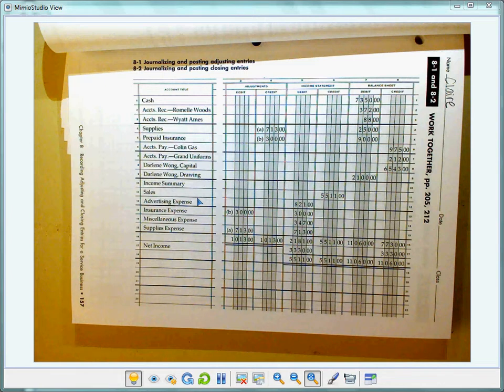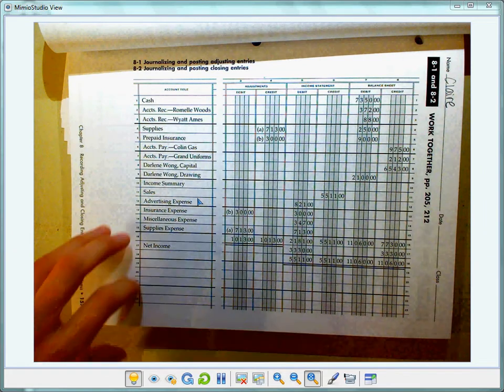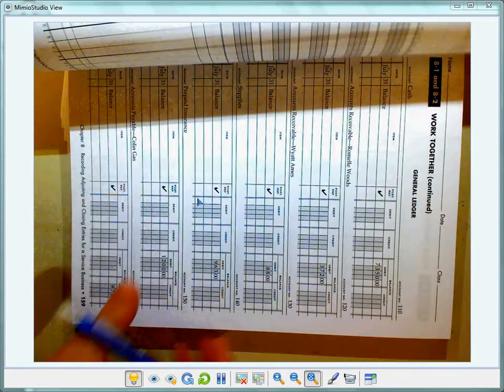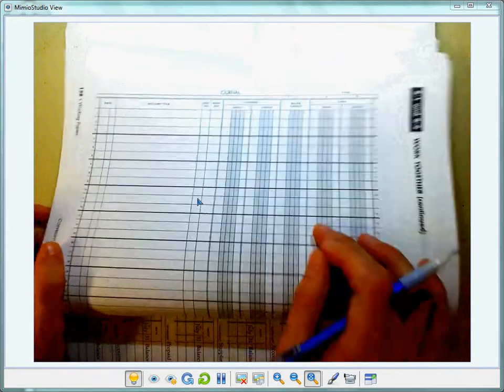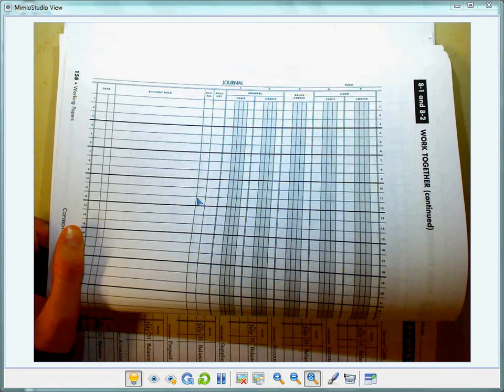So what's the first thing we had an adjustment for? Supplies, and what goes with supplies? Okay, and remember it's $713. So go ahead and flip over to page 158. And it said it was journal page 4, so let's label that page number first.